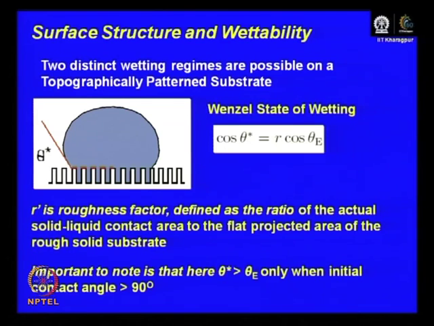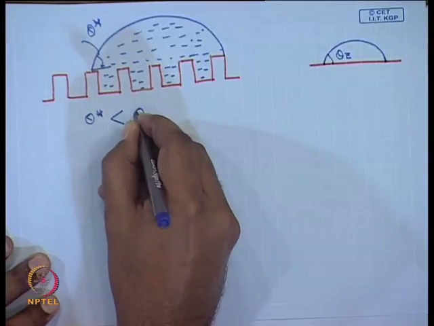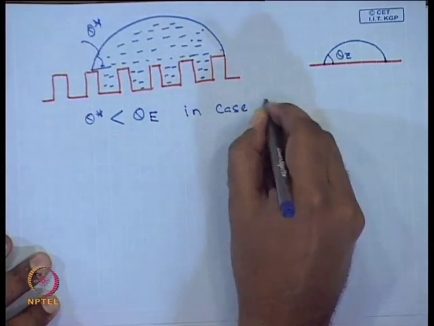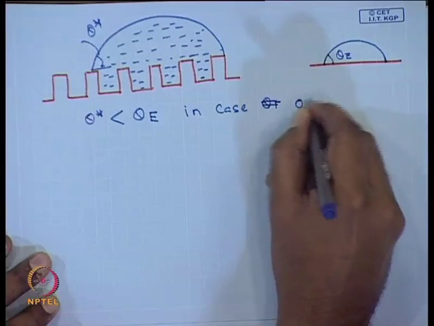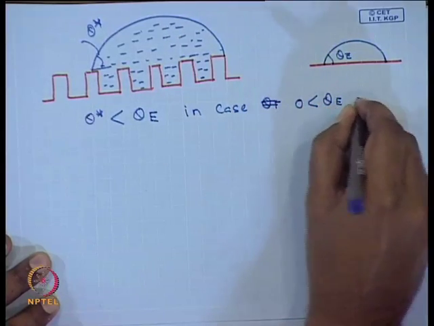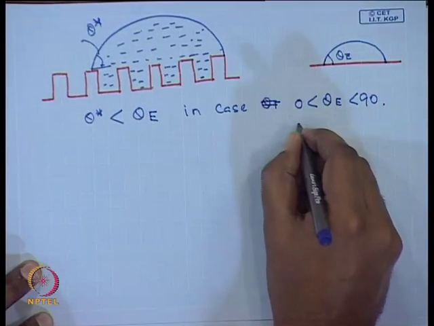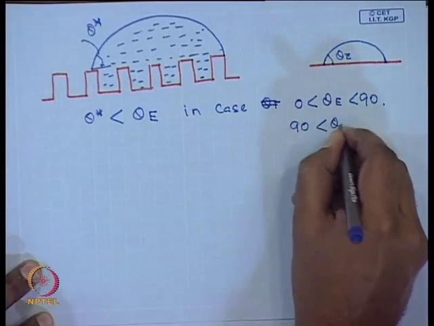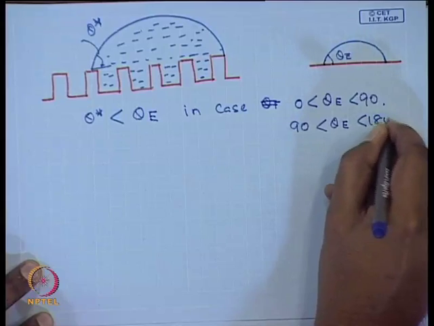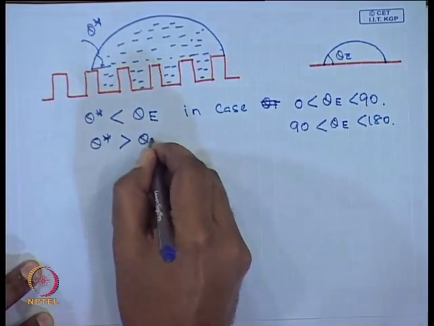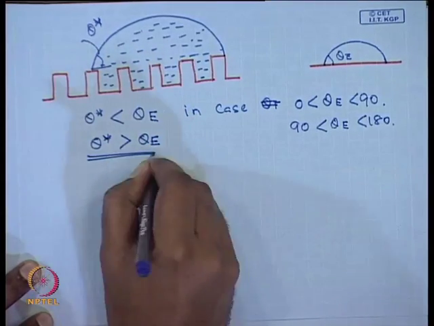So, in other words, theta star becomes less than theta e in case theta e lies between 0 and 90 degrees. However, if theta e lies between 90 and 180, then you can do the calculation yourself, theta star is going to be higher than theta e.